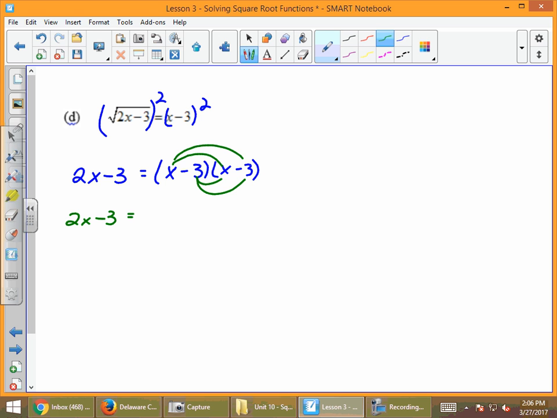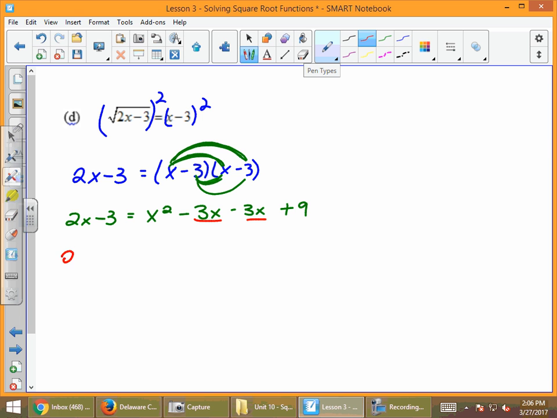So when we FOIL, x times x is x squared. X times negative 3 is negative 3x. Negative 3 times x is just negative 3x. And negative 3 times negative 3 is positive 9.